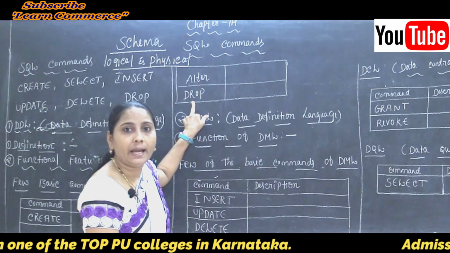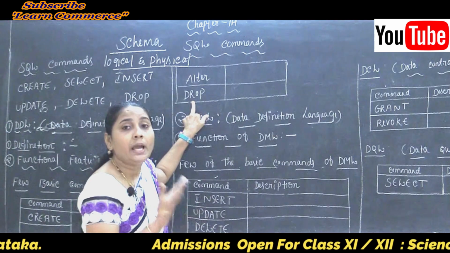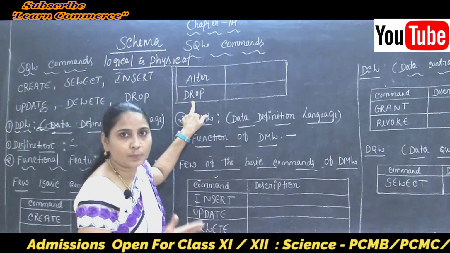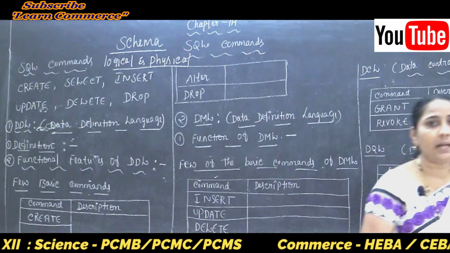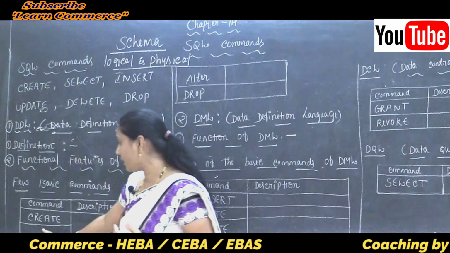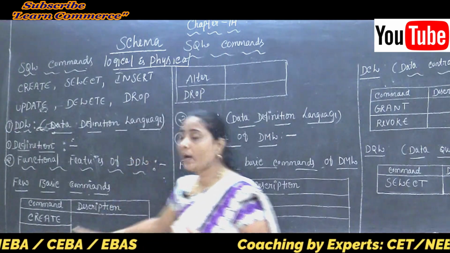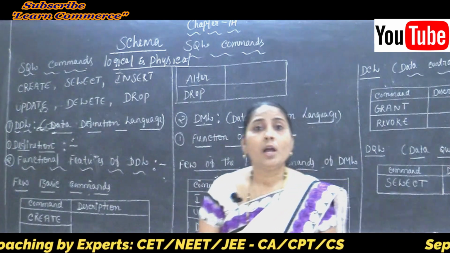So it deletes an entire table, a view of a table, or other objects in the database. Finally, the three important commands of the DDL: the first is create, the second is alter, and the last is drop.